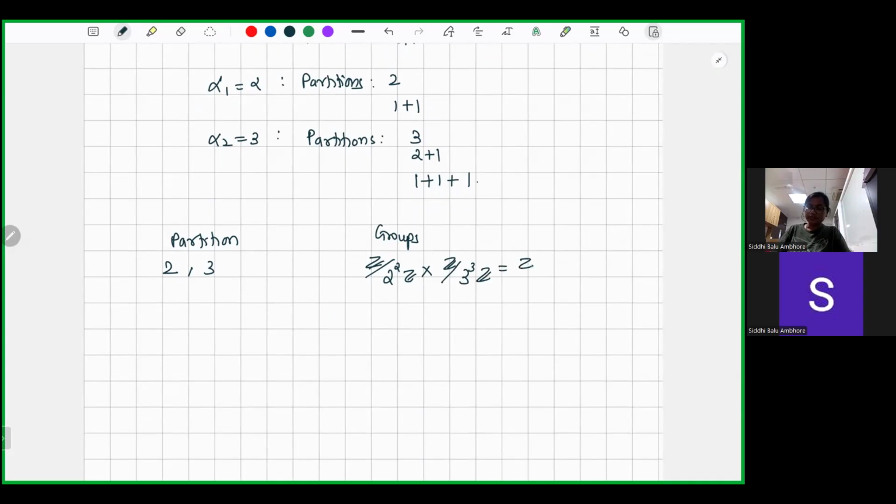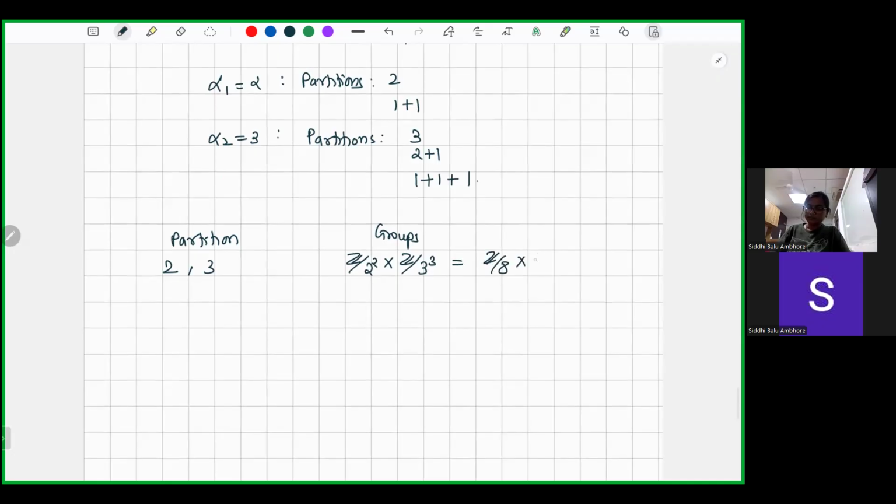For now, I will be omitting this Z in the denominator. I hope you understand what I mean when I write this. So this is Z2 square cross Z3 cube, that is Z4 cross Z27.